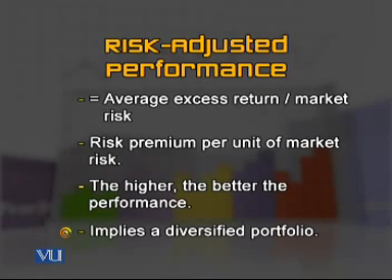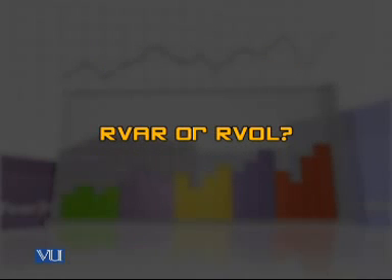So you now have two different ways of evaluating the risk-adjusted performance of portfolios, the RVAR and the RVOL. Don't confuse the words volatilities and variabilities. Sharpe talks about variability, Treynor talks about volatility, and the volatility ratio implies a diversified portfolio.